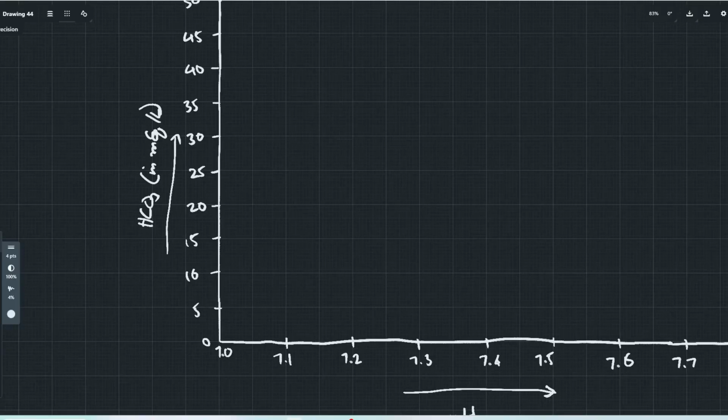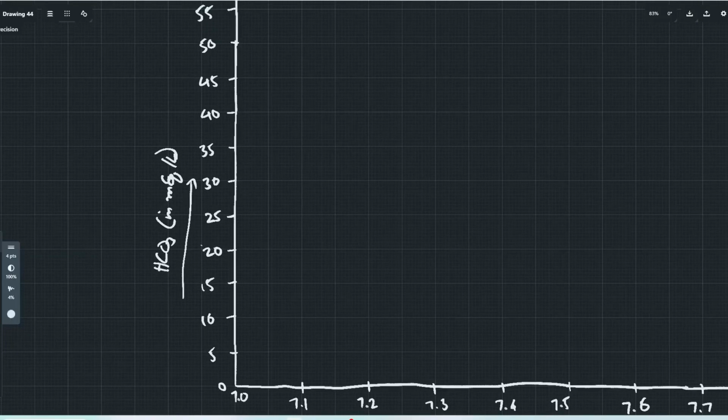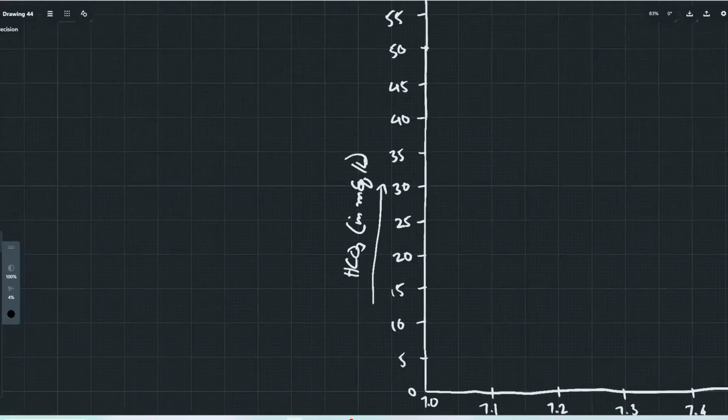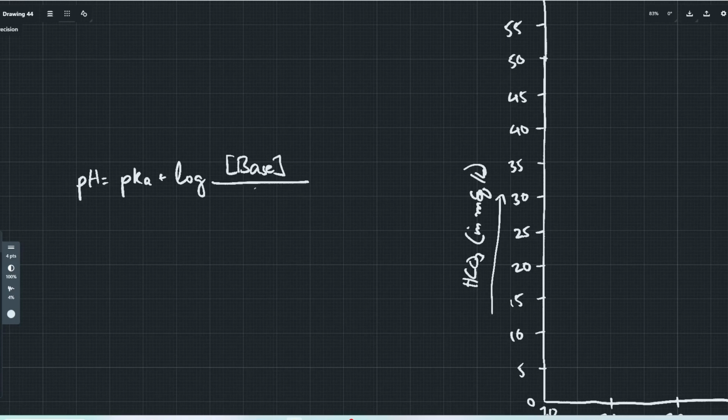So now how can we calculate this? According to the pH, as a function of pH, we can write the HCO3, and to do so we can use the Henderson-Hasselbalch equation. So what is the Henderson-Hasselbalch equation? pH is equal to pKa plus log of base, conjugate base, over acid.